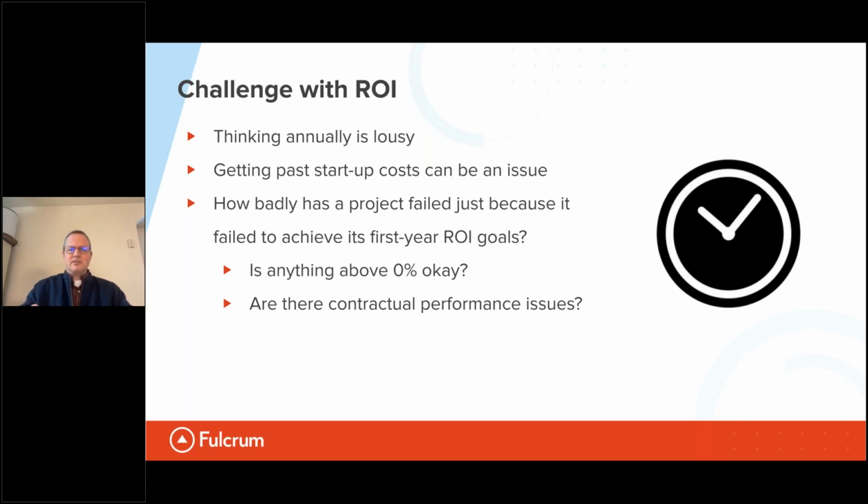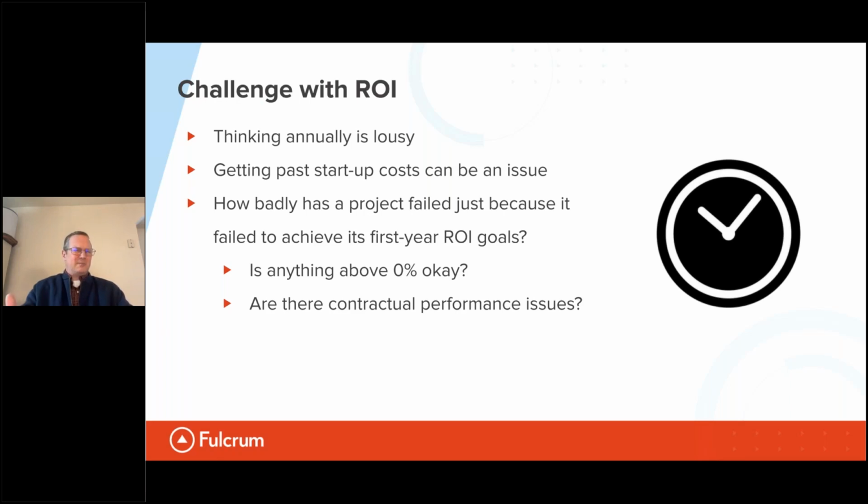There are always going to be some kind of startup costs and startup time. And if you look at generating an ROI and you think, okay, well, I should be able to save myself $1 million annually, then when does that year start? It's got to start after you've got enough in place to be able to execute the processes that are supposed to give you this return on investment, right?